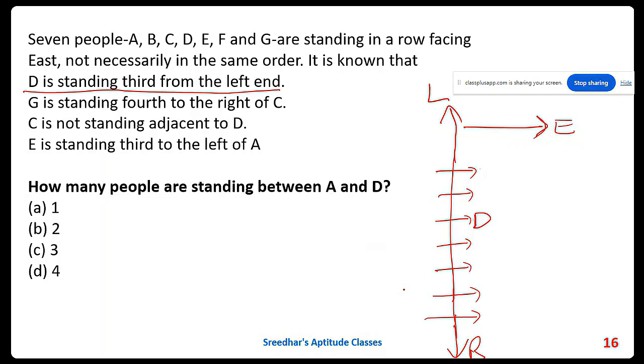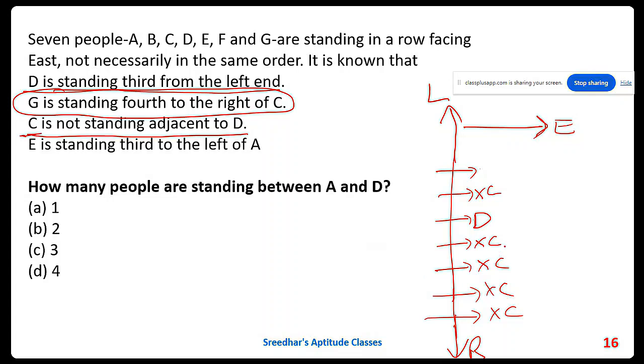C is not adjacent to D. If C is not adjacent to D, then C should not be here. Now I'm moving to the second point. G is standing fourth to the right of C. If G has to be fourth to the right of C, I cannot take C here also.